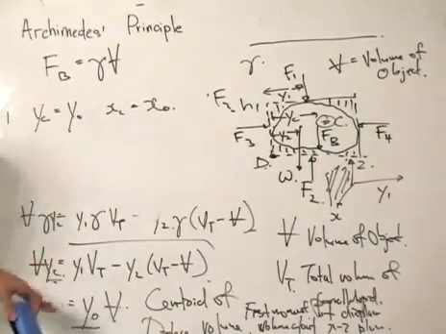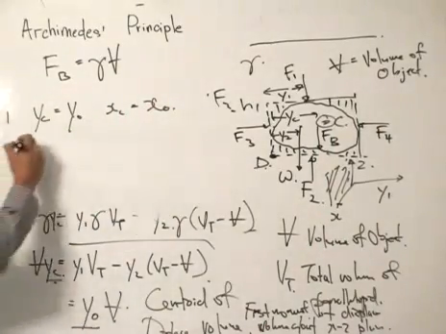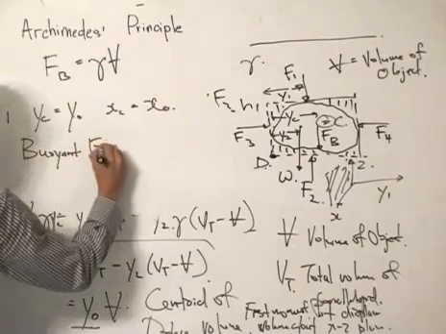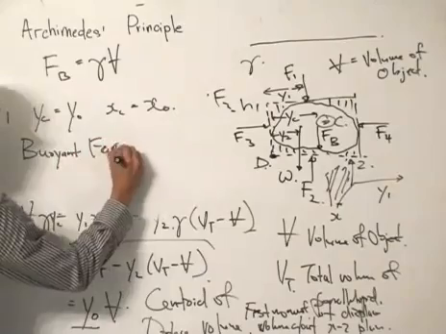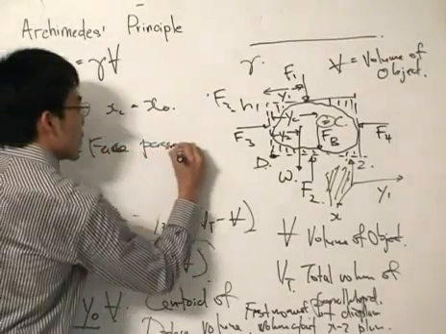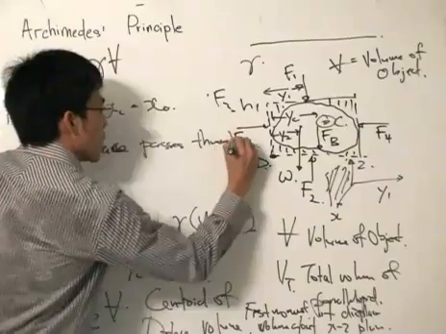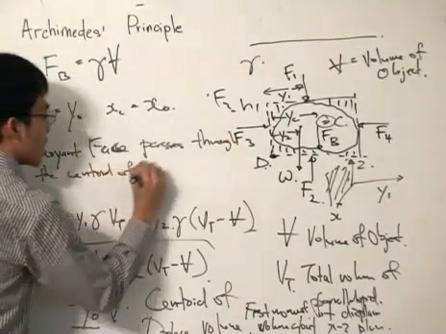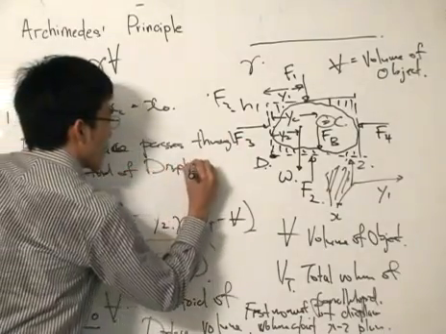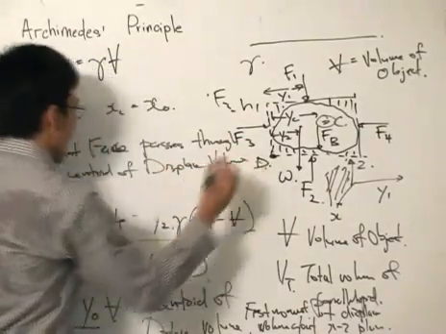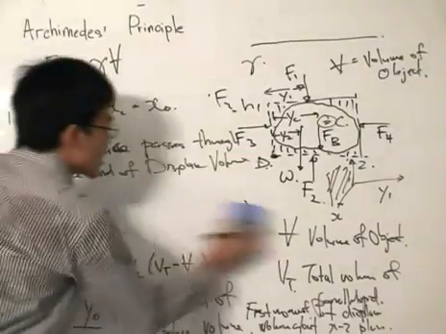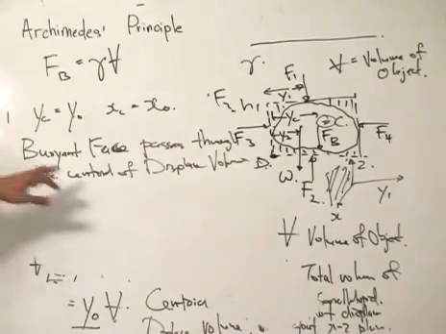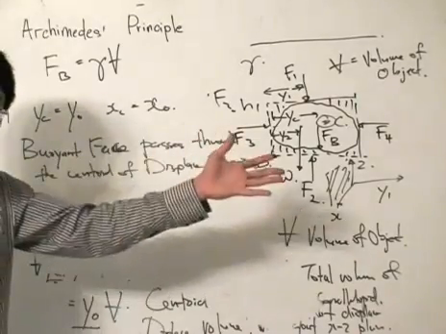Using these calculations, taking the moments, we conclude that the buoyant force passes through the centroid of the displaced volume. And there we go. That is the location of the buoyant force, which passes through the centroid of the displaced volume, like we all expected.